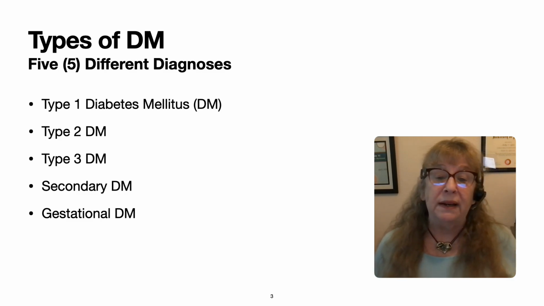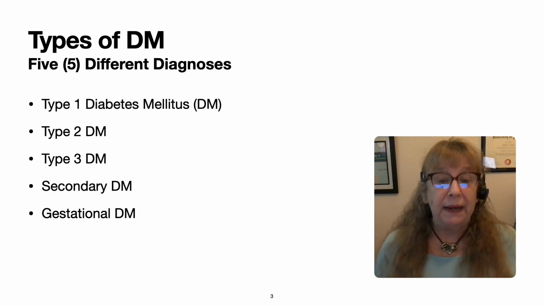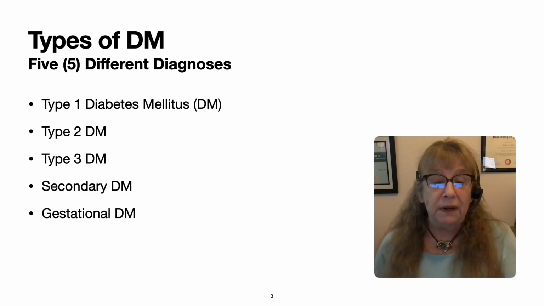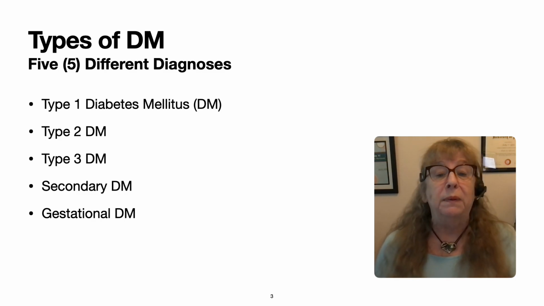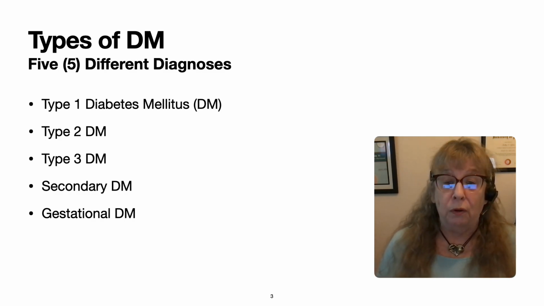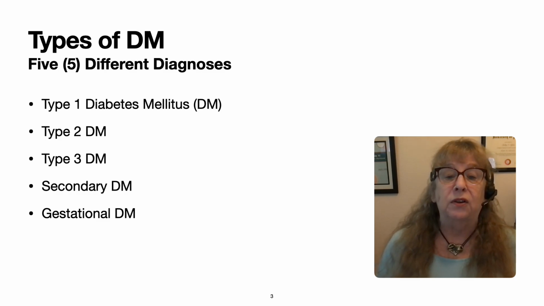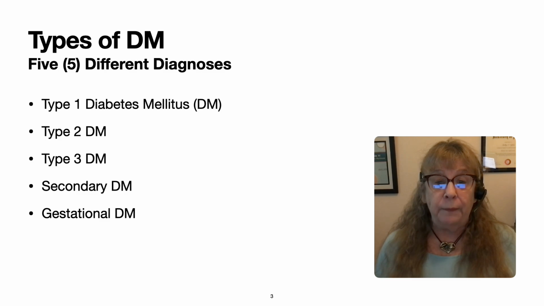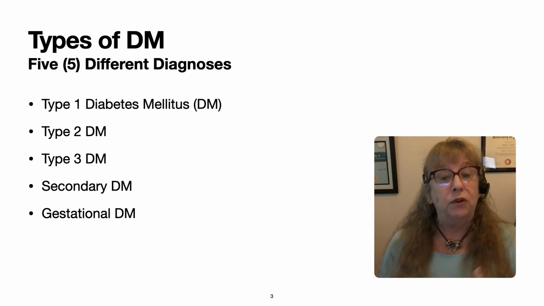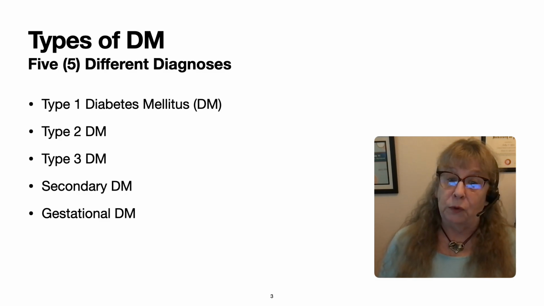Secondary diabetes mellitus is when there are some conditions and even some drugs, medications, that can cause the patient to develop diabetes mellitus, and so therefore that would be secondary to whatever the original condition was. And gestational diabetes mellitus is developed during pregnancy by the pregnant woman, you might imagine. And then once the baby is delivered, that goes away.